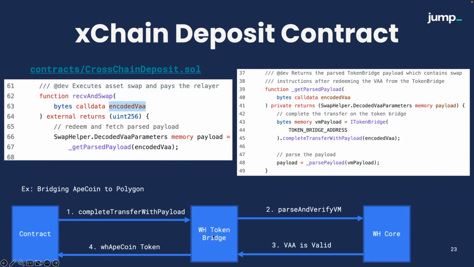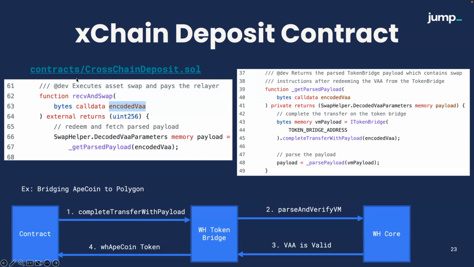Then the token bridge will return Wormhole wrapped tokens. In our example, if we want to bridge ApeCoin, it will return Wormhole wrapped ApeCoin to your contract, and then your contract can take a further action on top of that Wormhole wrapped coin that was just minted to it.